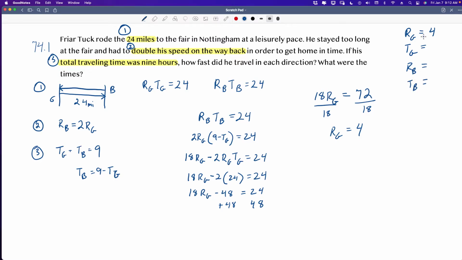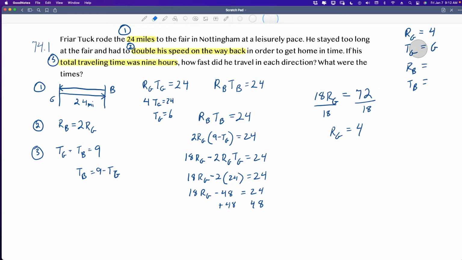Now, if RG is 4, then TG has to be 6, right? Because RG times TG is 24. So if I say this is 4, then I divide both sides by 4, TG is 6. So now I know what TG is.